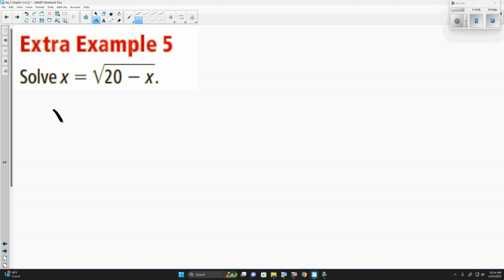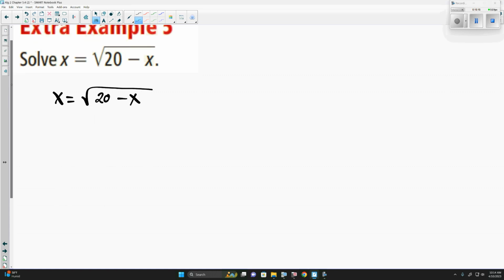Let's look at the next one here. X is equal to the square root of 20 minus x. Is there only one radical? So we need to get it by itself.